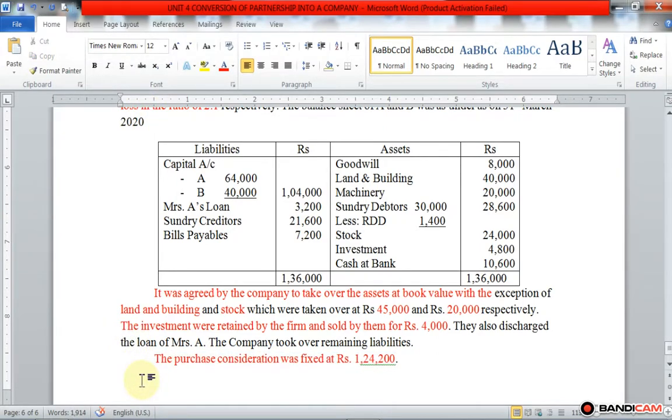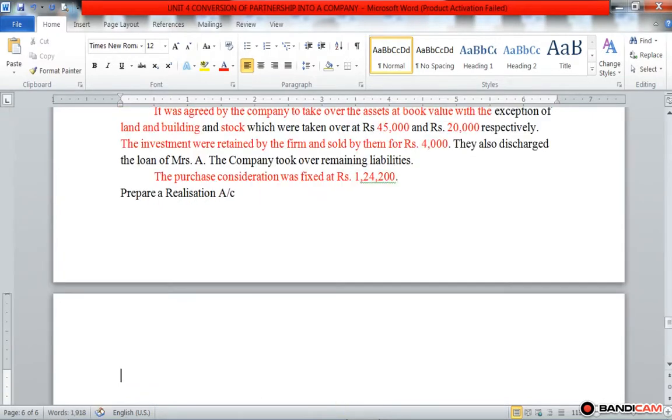We have to prepare only a realization account. So here we only prepare a realization account in the books of the partnership firm.